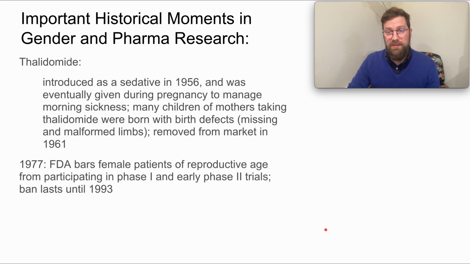Now, as a result of thalidomide and a number of other similarly concerning adverse reactions for pregnant people, the FDA barred female patients of reproductive age from participating in phase 1 and phase 2 drug trials. And this ban on including women in drug trials lasted until 1993. So it lasted for about 15 years.